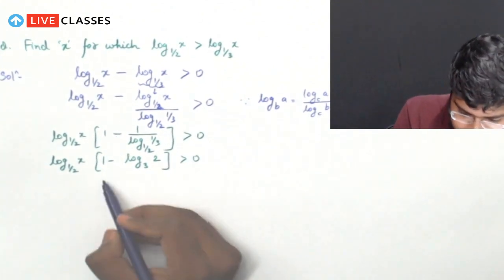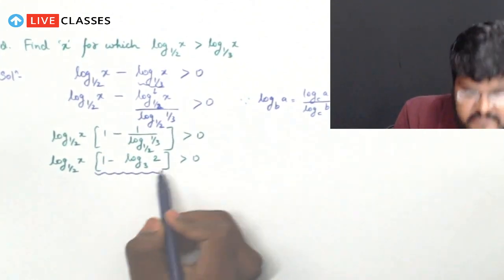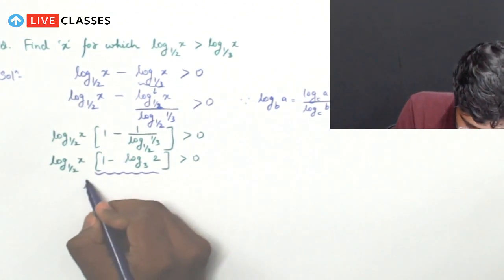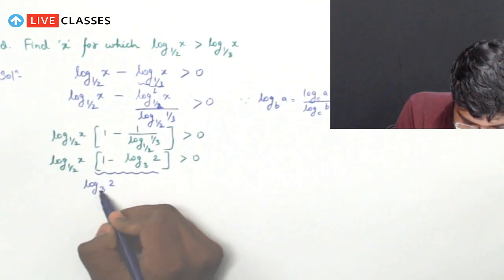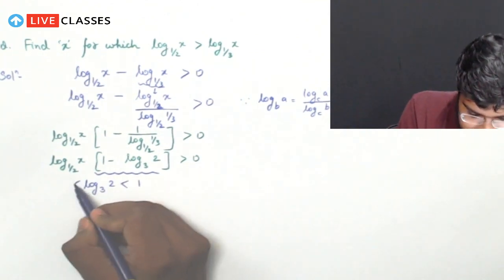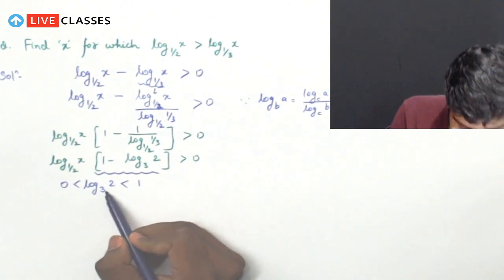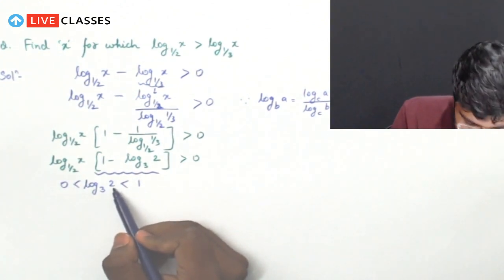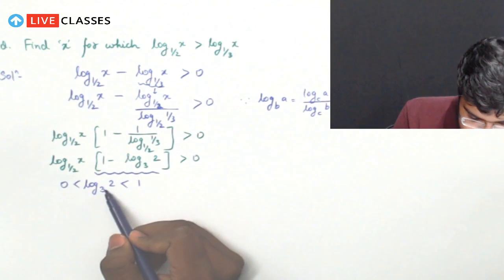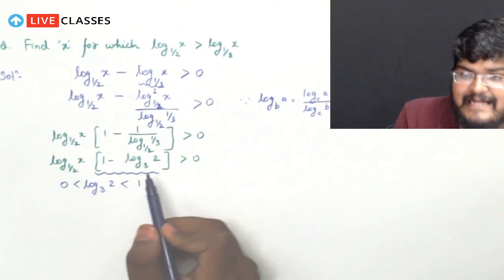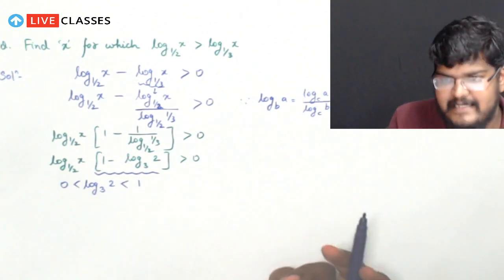So what you can do is consider this part of the expression first of all. We know that log of 2 to the base 3 is less than 1 but greater than 0. The reason is that the value of logarithm will be greater than 1 only if x is greater than the base, in case of both a and x lying on the right side of 1.